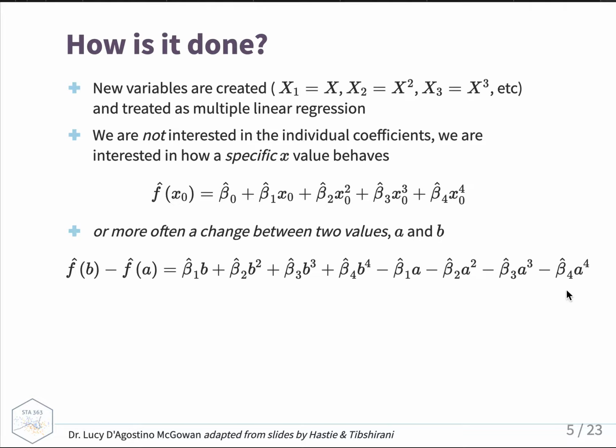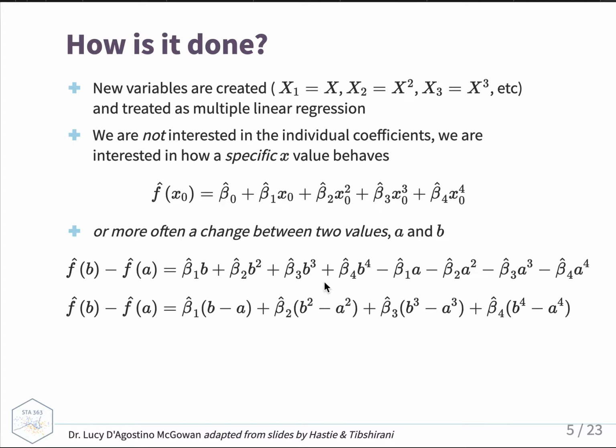Now, why don't we have a beta 0 in this model? When we plug it in, we end up with a beta 0 for the first part, but then we subtract beta 0 for the second part, so they just cancel out. There is a beta 0 in this model, but they cancel out when you're looking at the change between two values.